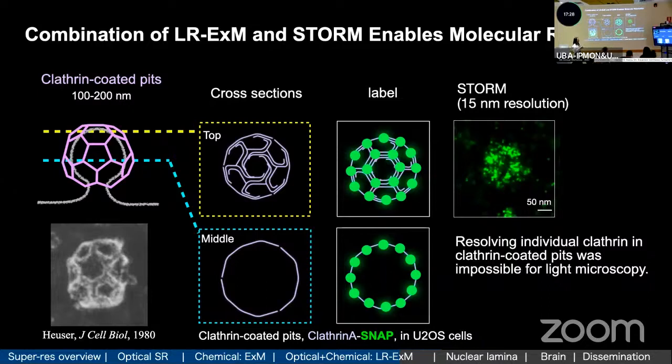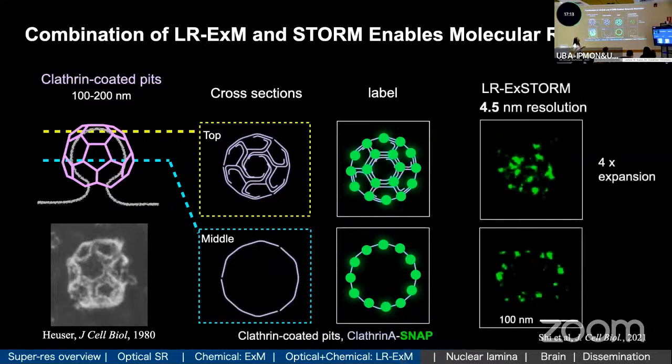The reason is the resolution is not there, and you need a resolution that is smaller than half of the distance between two vertices, which is less than 10 nanometers, to be able to tell them apart. And with the help of expansion, we achieved a 4.5 nanometer resolution. This is the effective resolution, not the microscope resolution.